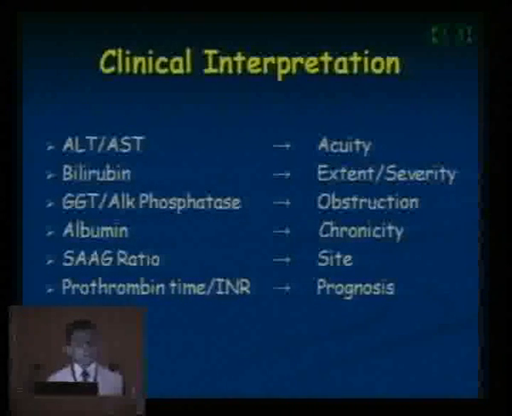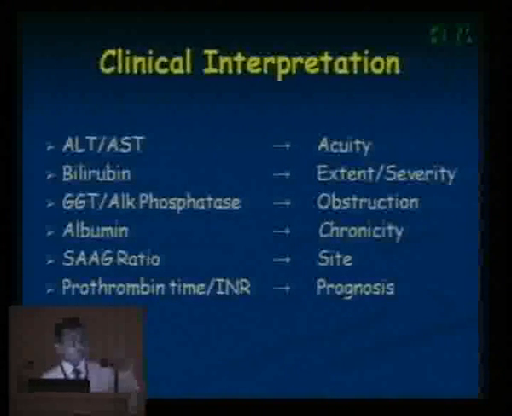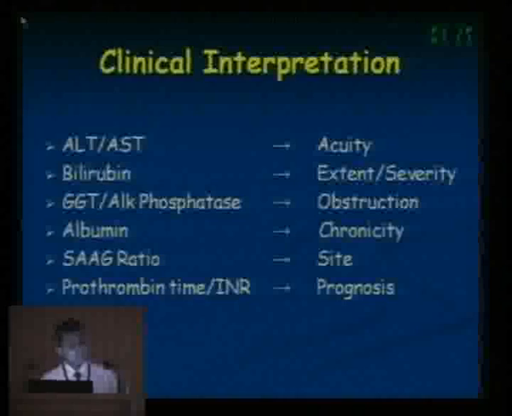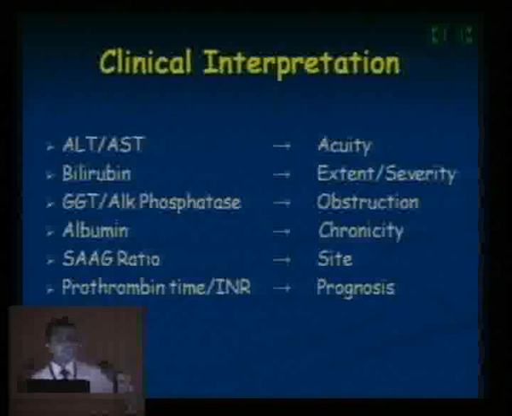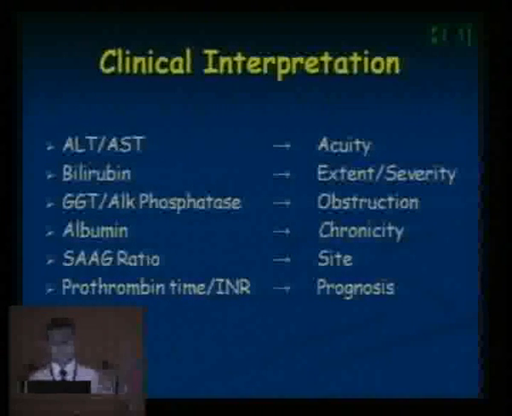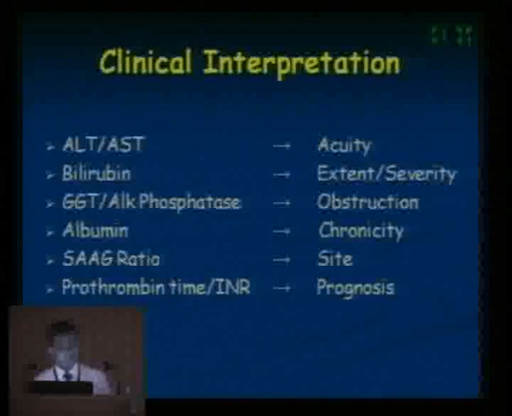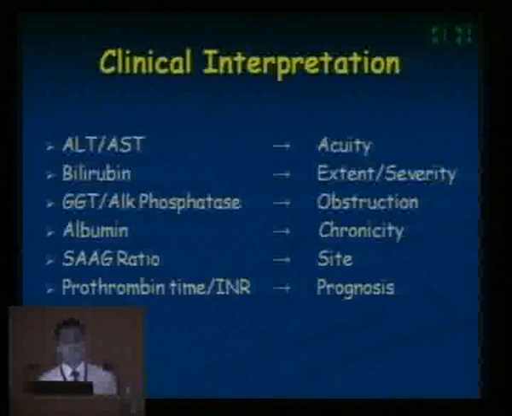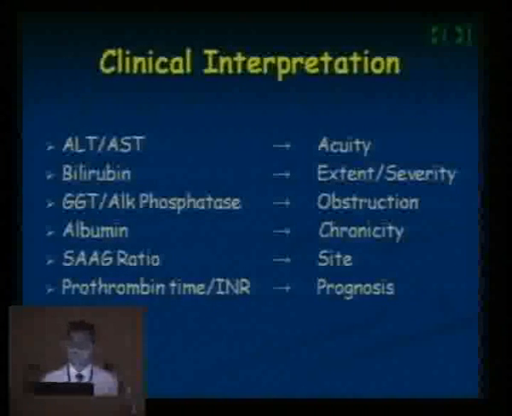For a clinical interpretation, as a clinician, we should see: enzyme involvement like ALT and AST will tell you about the acuity of the liver disease. I understand it's hepatocellular necrosis, but in fulminant liver disease you may not see ALT and AST rising; they may fall down to normal. Bilirubin will tell you about the extent and severity of the liver disease.